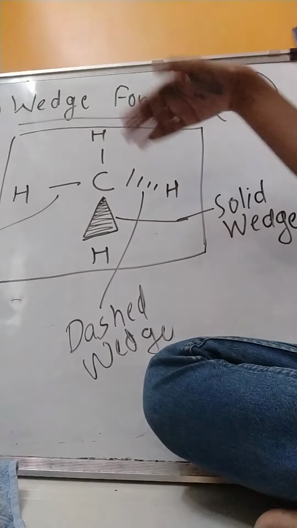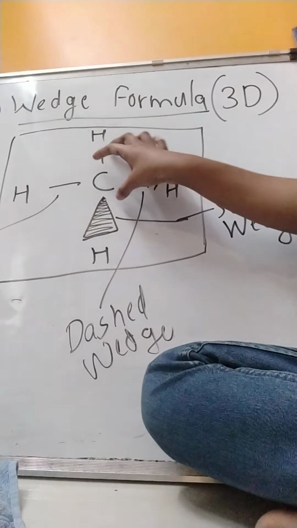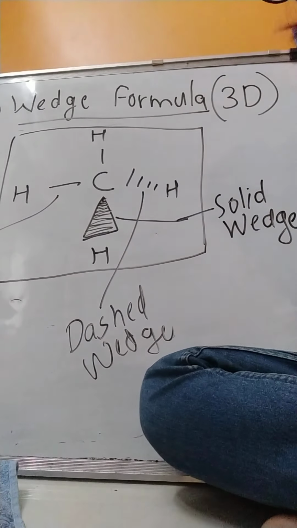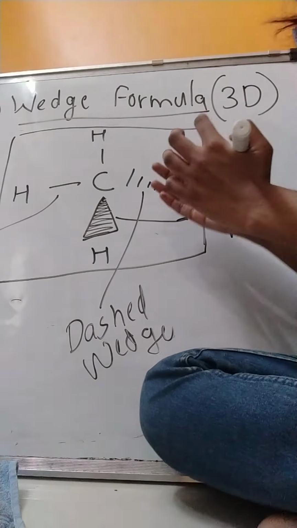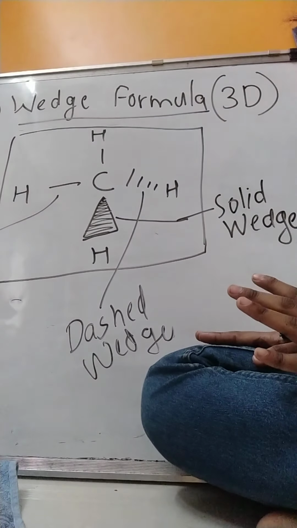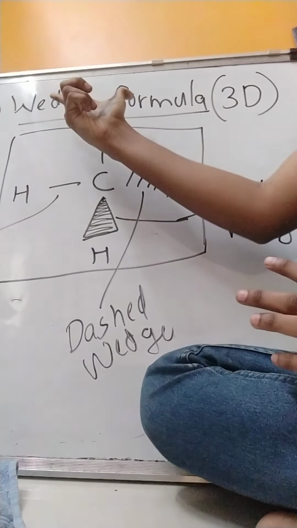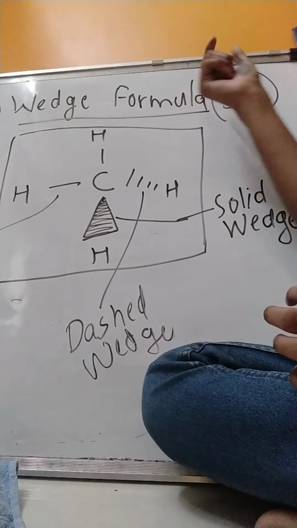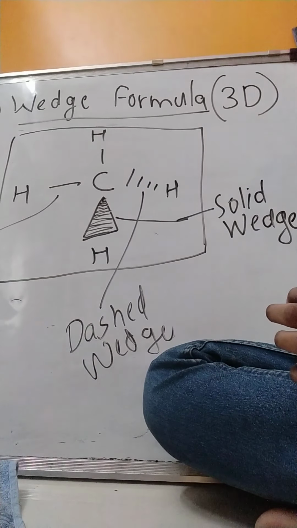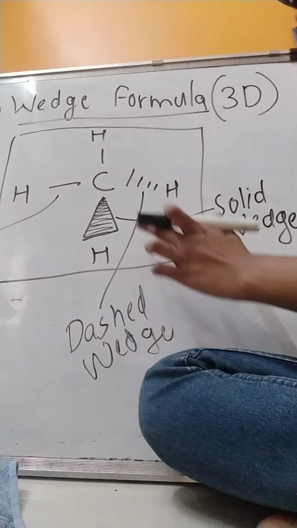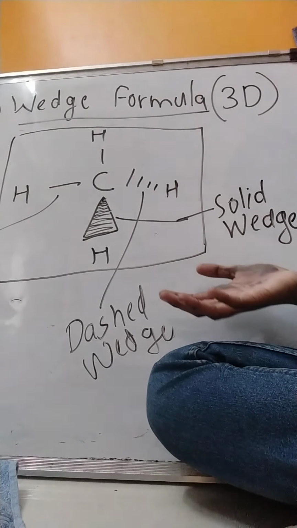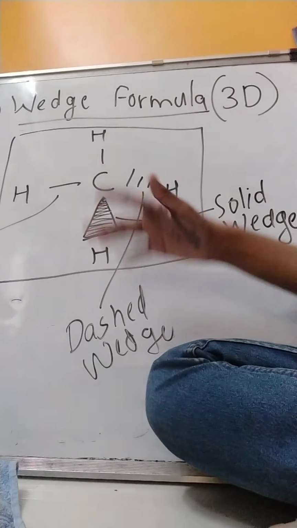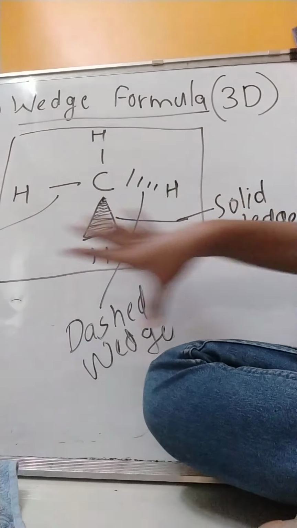Some might be behind the front carbon, some might be towards you. There has to be a three-dimensional shape. That is why the wedge formula is very important, because it represents the compound in a three-dimensional way. So here, we have visualized a three-dimensional molecule in a plain two-dimensional way.